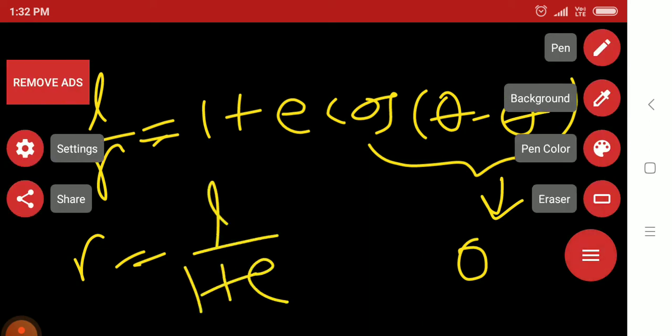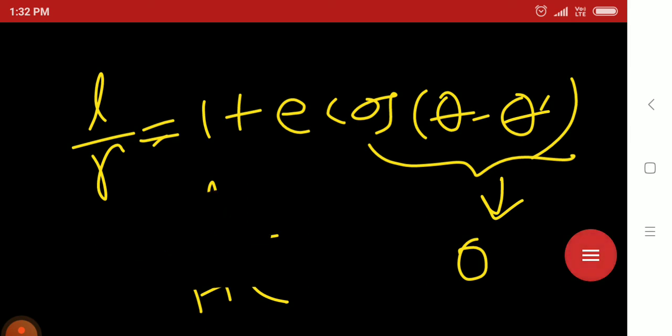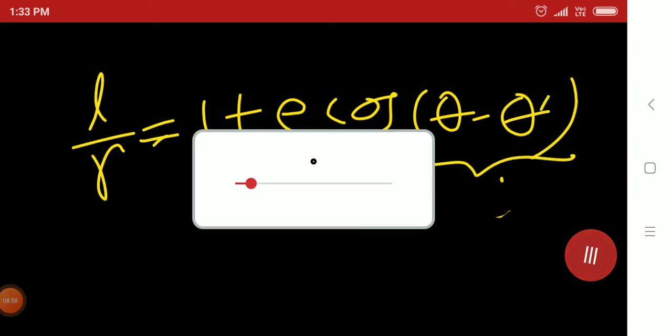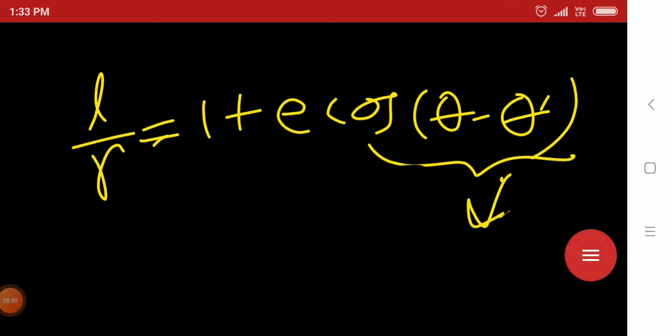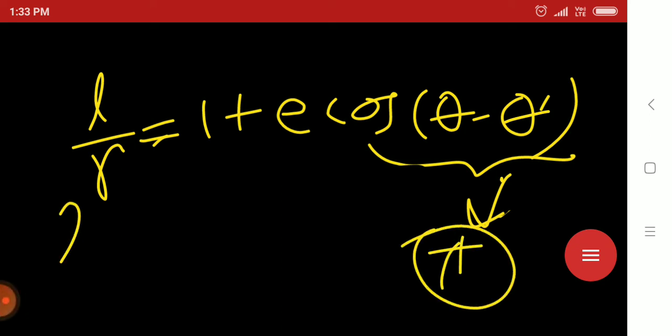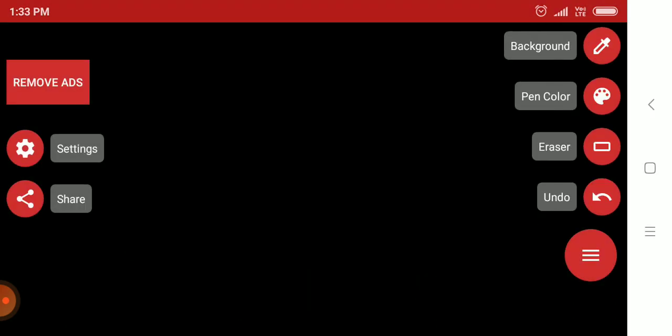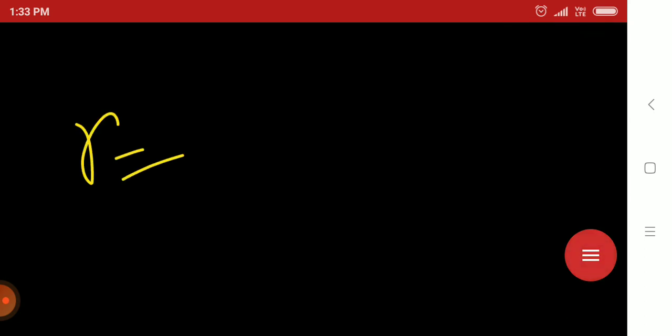And when we put theta minus theta prime equals pi, cos pi is minus 1, then L by R equals 1 minus e. That means R equals L by 1 minus e.